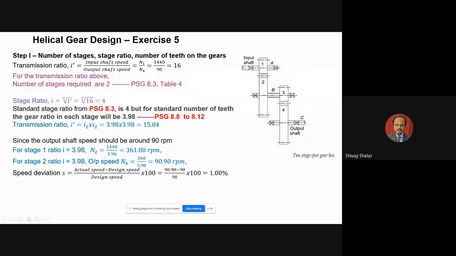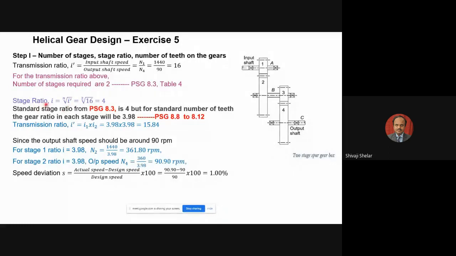For any design of gearbox, we try to have the same stage ratio for economical operation. It is advised to go for economical production of gearbox or gearbox arrangement, so try to maintain the same stage ratio for each stage. From that, we are determining this from the geometric progression.